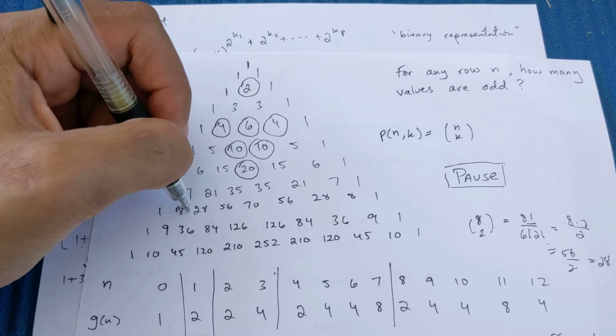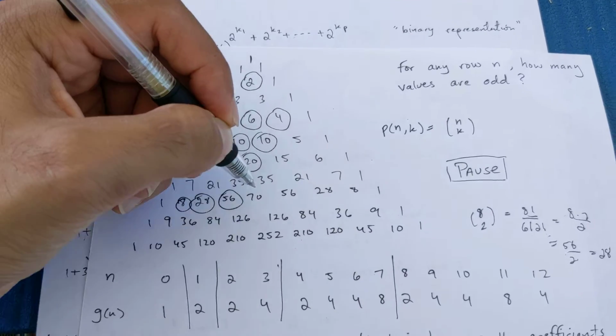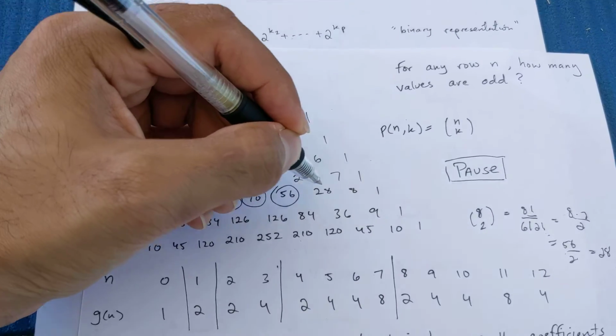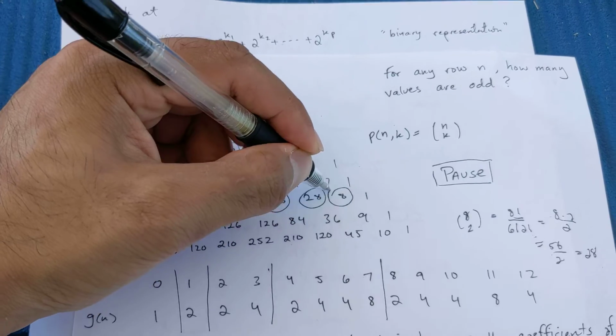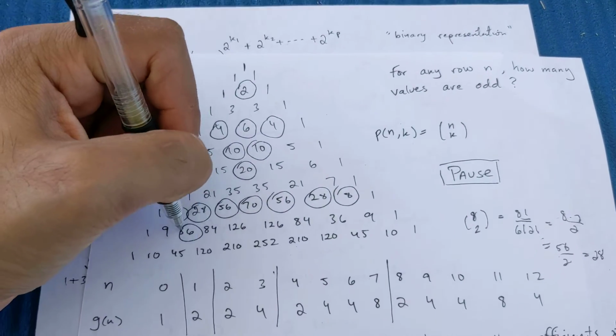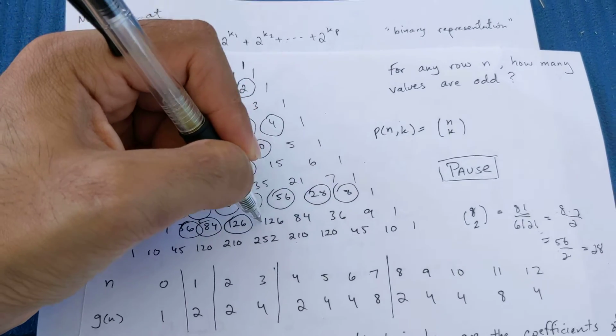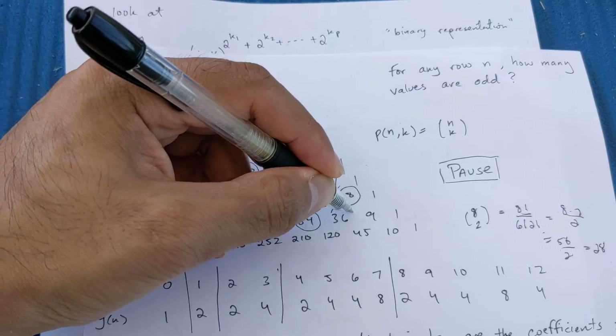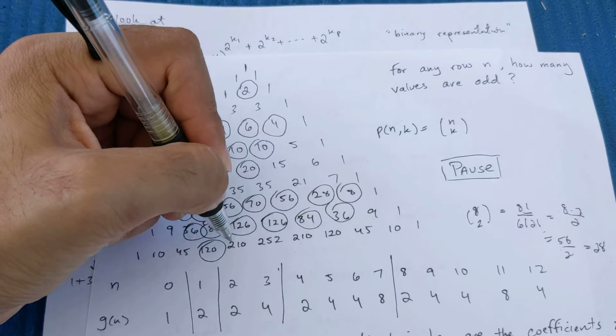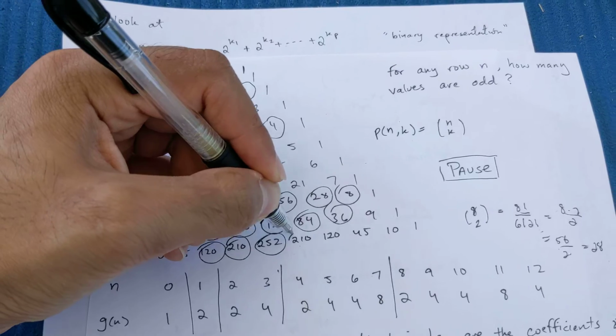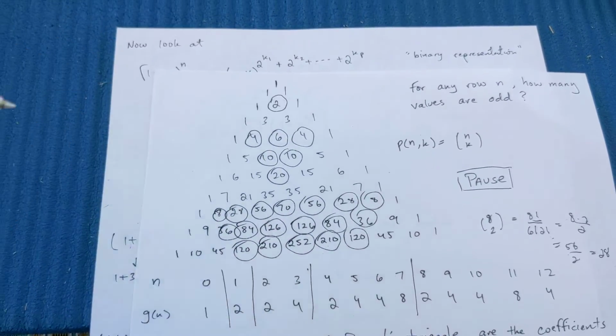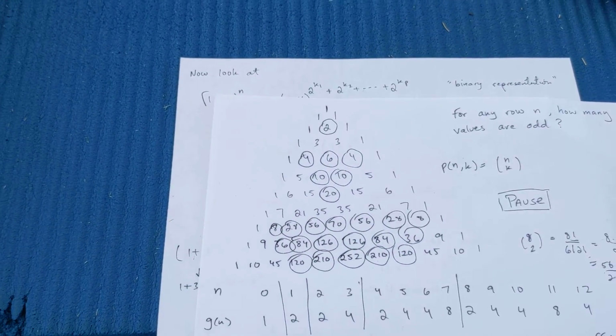Let's look at this row. We circle all of these. And then continuing to circle all of this. All of these are even. And do you notice there's like a little pattern here?